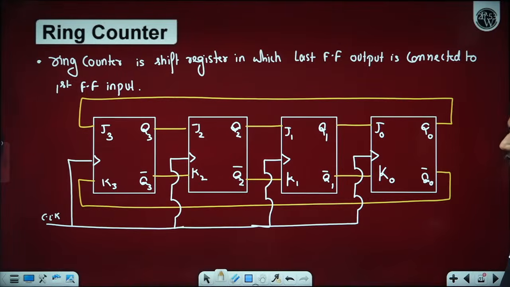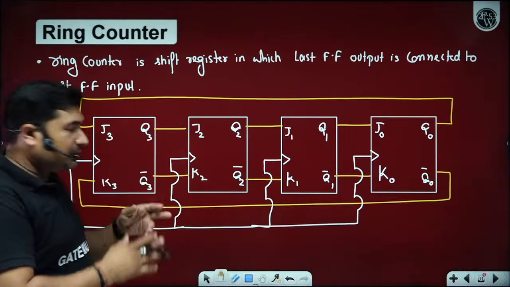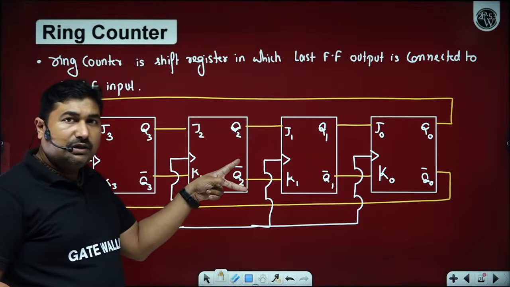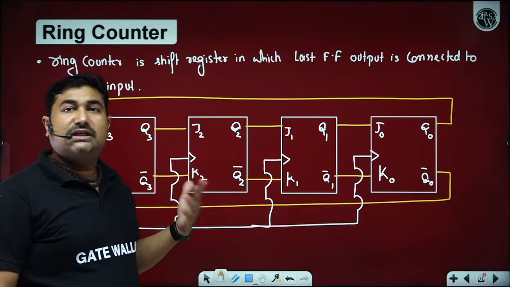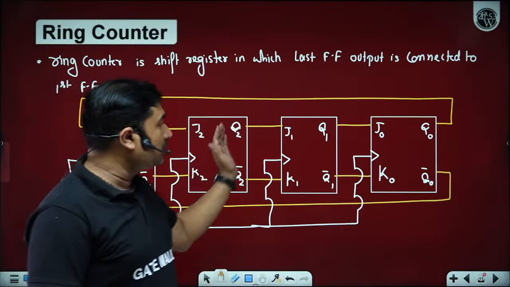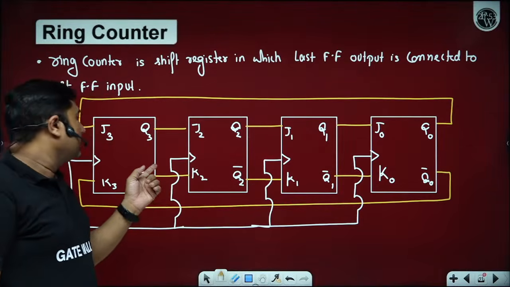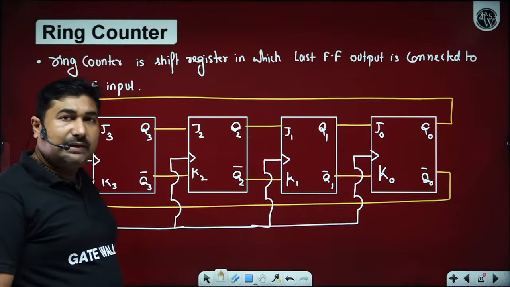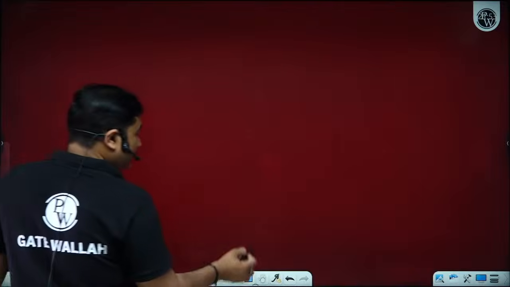Now this is a ring counter using JK flip-flops. If two flip-flops are cascaded with the outputs connected to the inputs of the next JK flip-flop, then they are similar to a D flip-flop, because the data just shifts from Q3 to Q2, Q2 to Q1, Q1 to Q0, and Q0 again shifts back to Q3. So it can also be designed using D flip-flops.